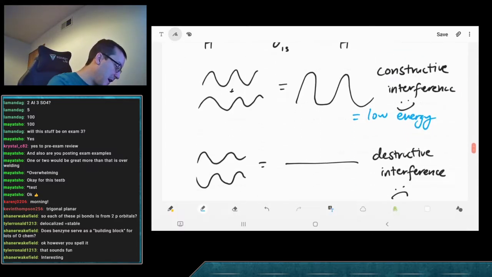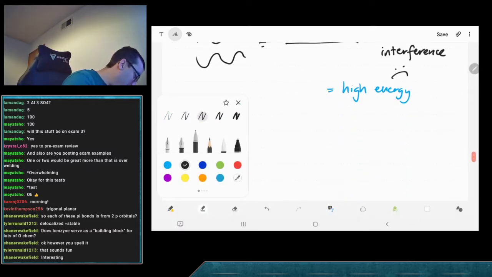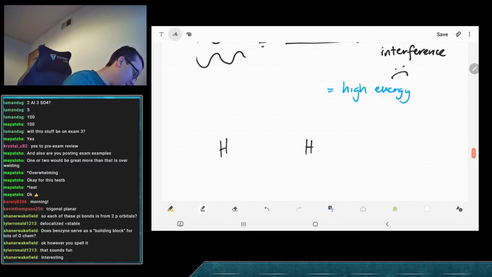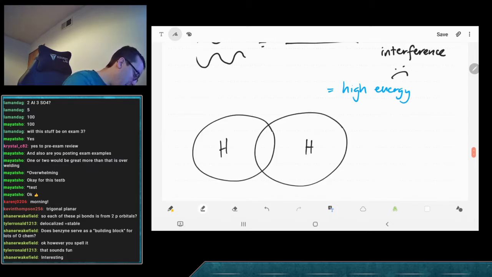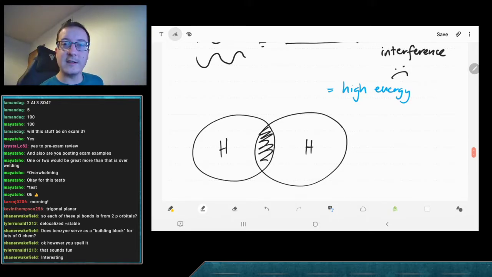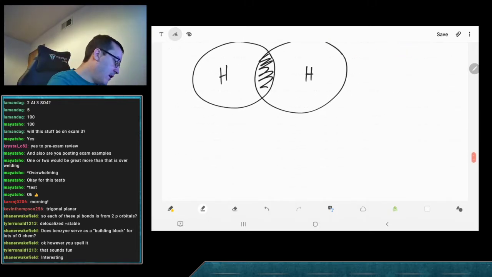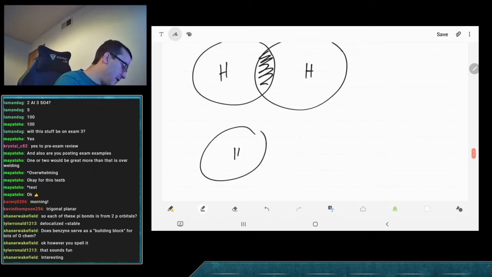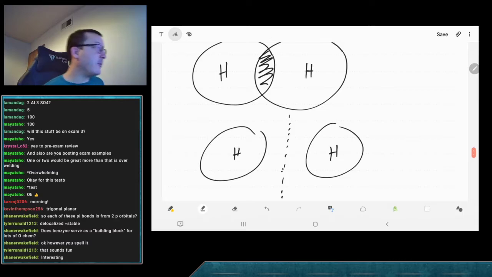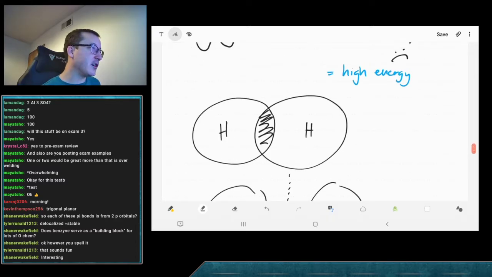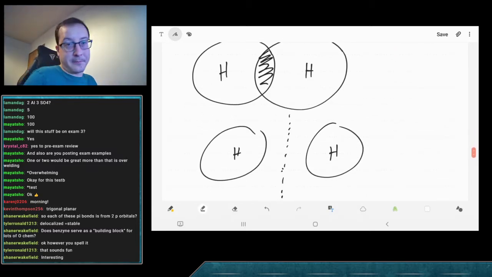Let's see what this looks like. When we have constructive interference, we have these two happy things interacting together. When we have destructive interference, the waves cancel out, meaning that no electrons can exist there. If we're thinking about where these electrons are going to be, if you were an electron, let's look at these two scenarios and think where you would rather be.